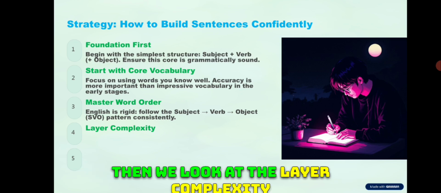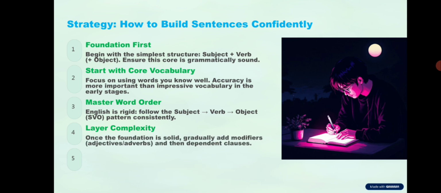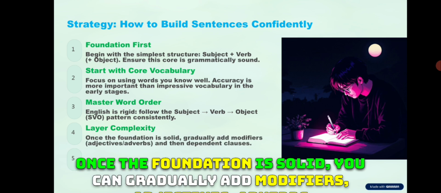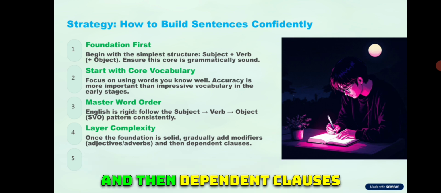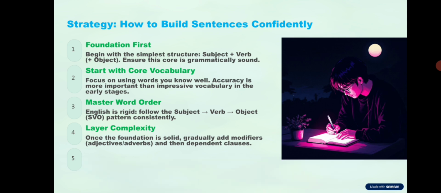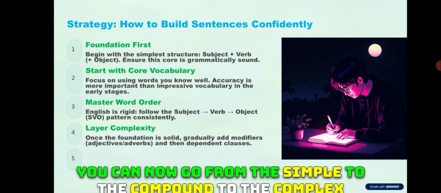Then we look at layering complexity. Once the foundation is solid, you can gradually add modifiers, adjectives, adverbs, and then dependent clauses, okay? You can now go from the simple to the compound to the complex.